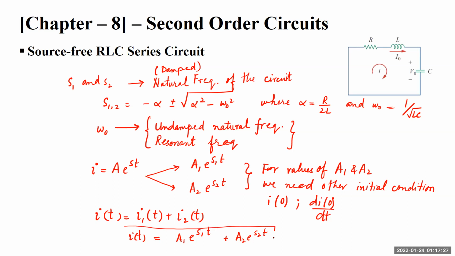This is the complete solution for a second order, source-free RLC series circuit. Remember, there are three further types of classification of this solution: underdamped, critically damped, and overdamped, and we'll be seeing those cases in our next videos. Thank you.